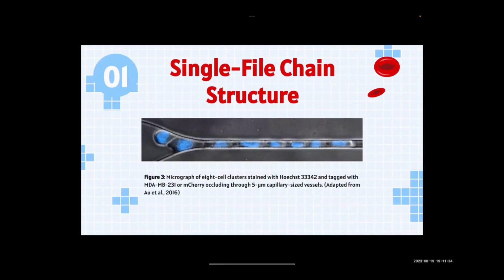And then for some of the factors that take place, the researchers concluded that the CTC clusters are able to transit to distant organs by forming into single file chains. In their study, they found that the clusters restructure into single file chain geometries in order to fit inside the narrow vessels, as shown in Figure 3.